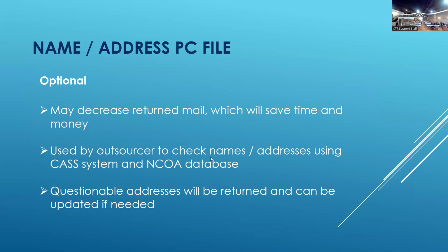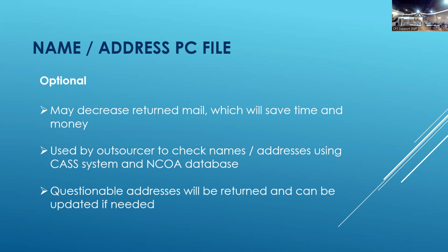The other optional item that you can do is to create a name and address PDP file. This will help get so many items returned, saving time and money. It's used by your outsourcers to check the names and addresses using the different USPS databases that they use. And then anything that's questionable, they'll return to you, updated in your system.